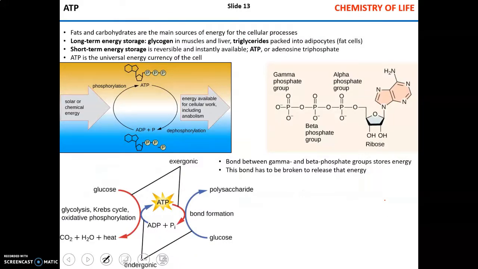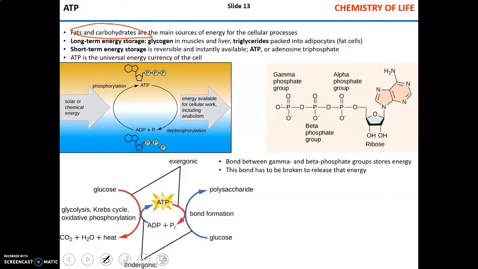Before we move on to those categories, we're going to say a few words about ATP. So, ATP is the universal energy currency in human and animal cells. When we consume food, we consume fats and carbohydrates, and we break those molecules down, and then we can store the energy that is released as the result of breakdown of fats and carbohydrates in two forms.